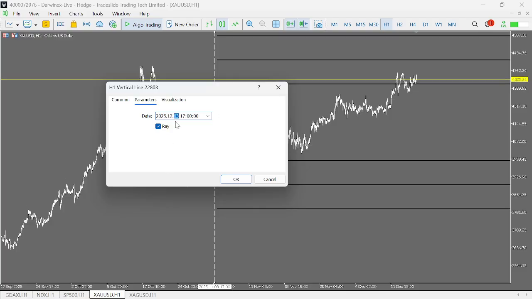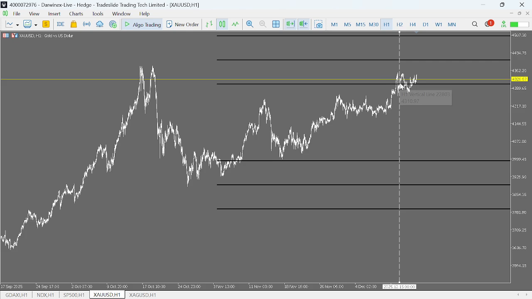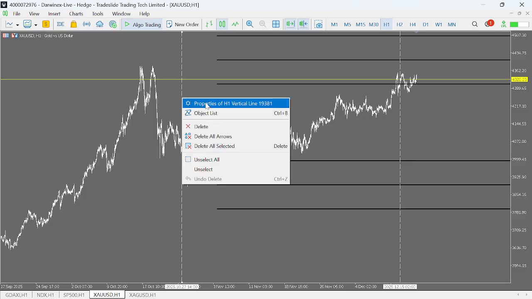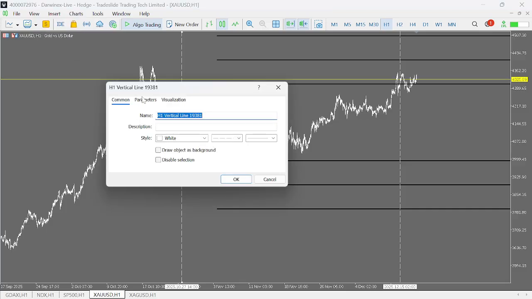This is 15, sorry. Now, insert object, vertical line, the 19, okay?